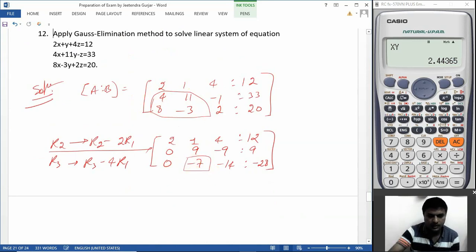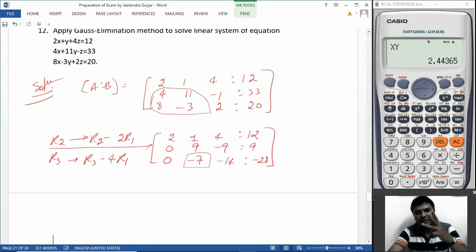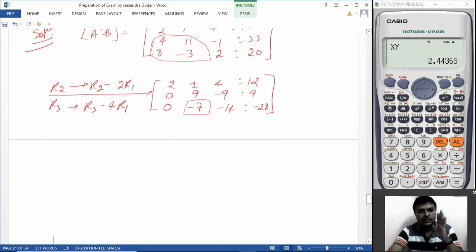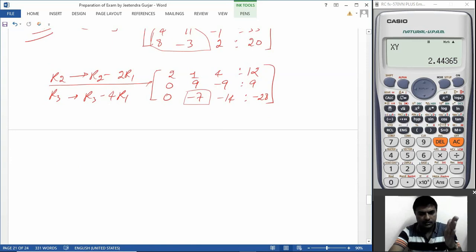Okay, so now I want to make this minus 1, 0. This is the last step. I want to make this minus 1, 0, then immediately we'll get the solution. So to make this 0, I must just add these values. So R3 I want to change to R3 plus R2. So this is going to become minus 7, and automatically it becomes minus 1 upon 7.